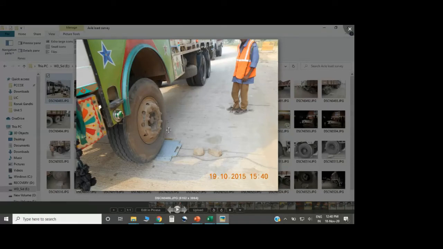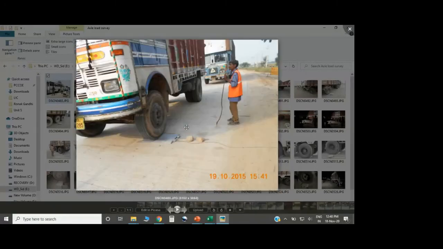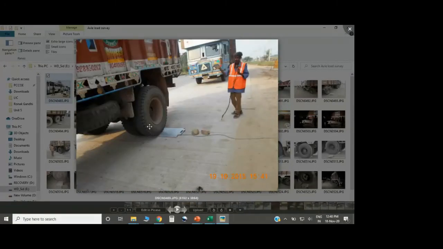So one wheel you will place over the pad, you will note down the reading, then this is the rear axle for a two-axle truck. So again, you will do this. And if you have two tires over here, you will tell the driver to place the truck in such a way that both the tires are placed on this weighing pad. Okay. And in this way, you will go on taking the load values.